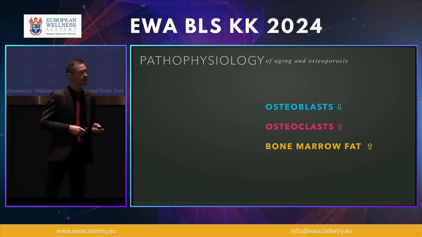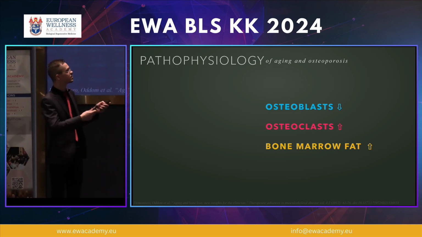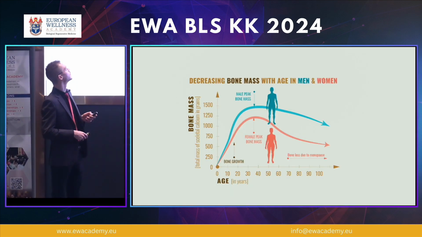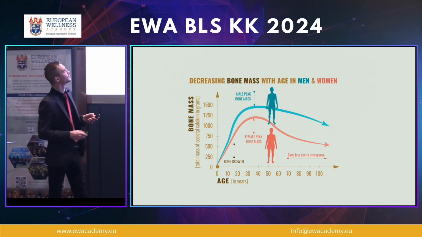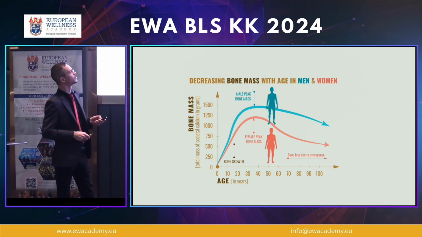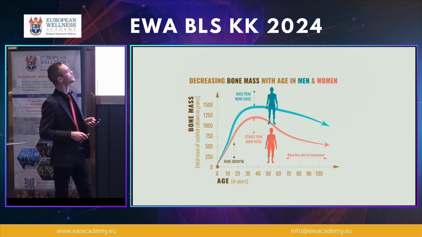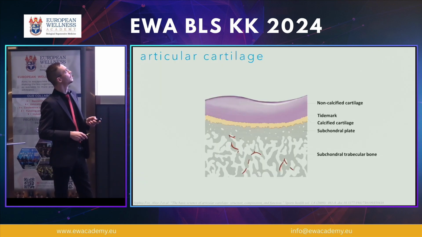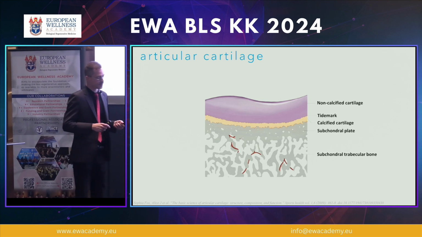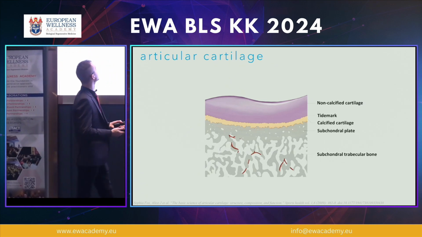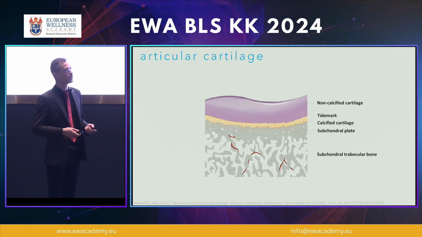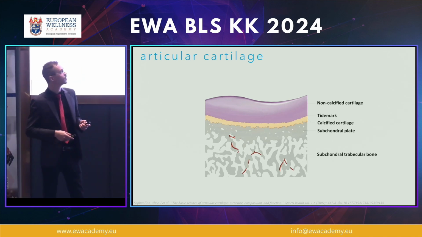Pretty much similar by concept, the process happens to our bone tissue as well. Of course, we have decrement in bone mass, which is also correlated with the hormonal profile during the age. And gradually we are coming to the articular cartilage, to the joints, to arthritis.